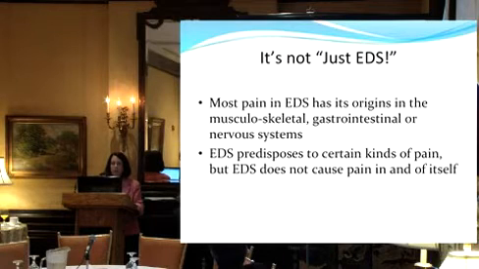And while EDS predisposes to certain kinds of pain, it does not cause pain in and of itself. So our goal here is to really ferret out what are the underlying causes of the pain and the dysfunction and disability that our patients experience, and try to be at the vanguard of finding rational approaches to deal with these various issues that can be so terribly disabling.